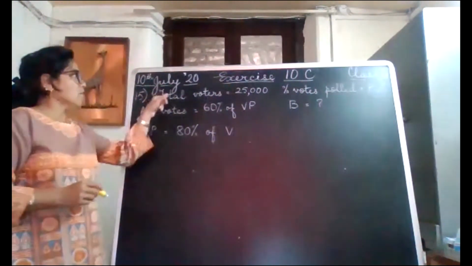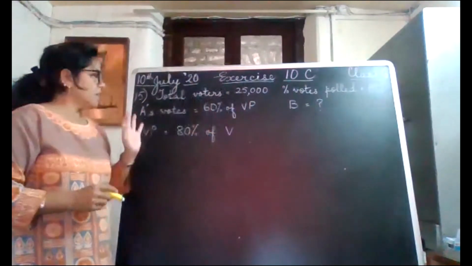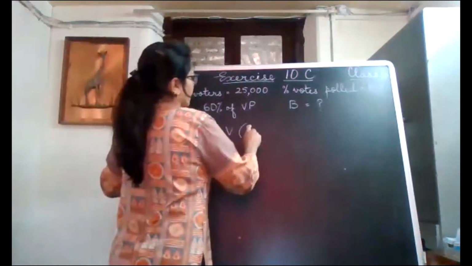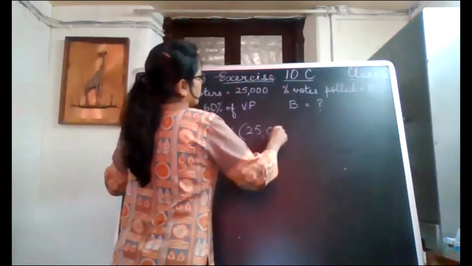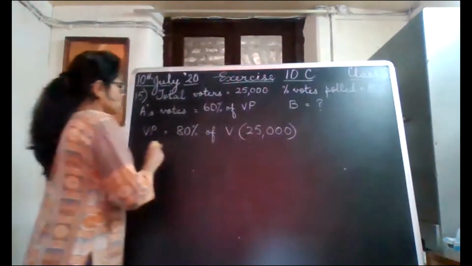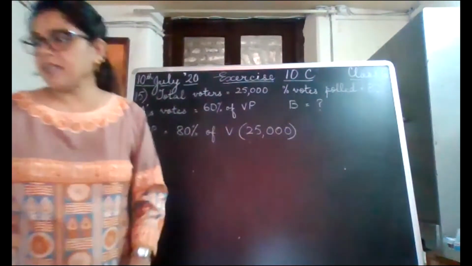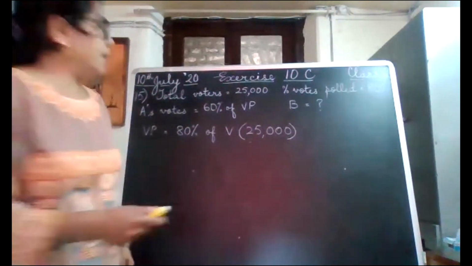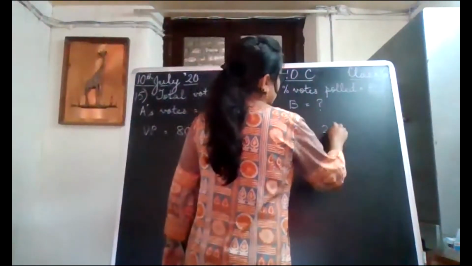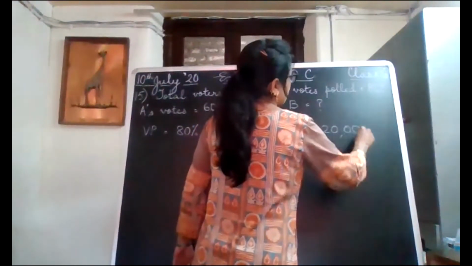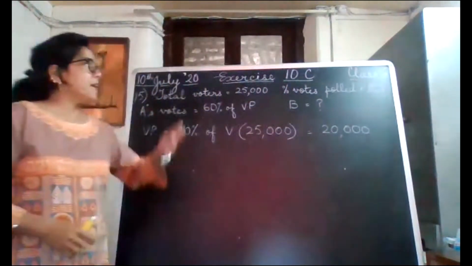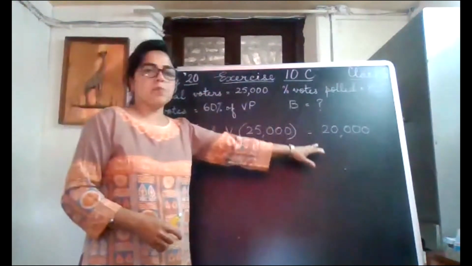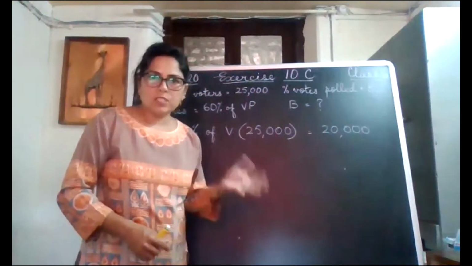And how many voters are there? 25,000. So you will do 80% of 25,000. So you will get to know how many people went and voted. So when you do this, you will get 20,000. So now what is 20,000? Out of 25,000, only 20,000 people went and voted.